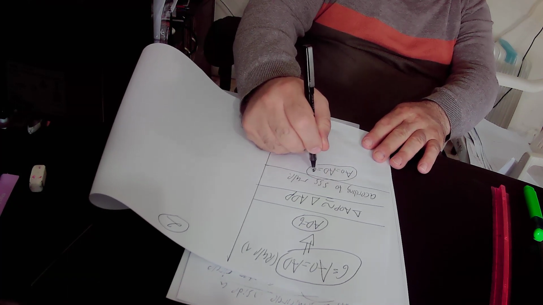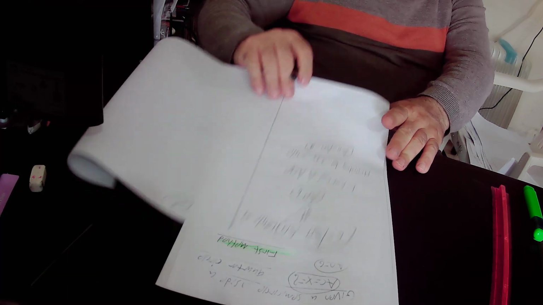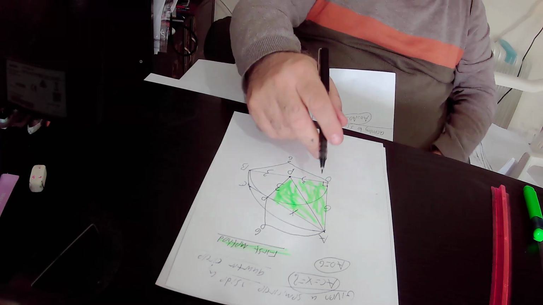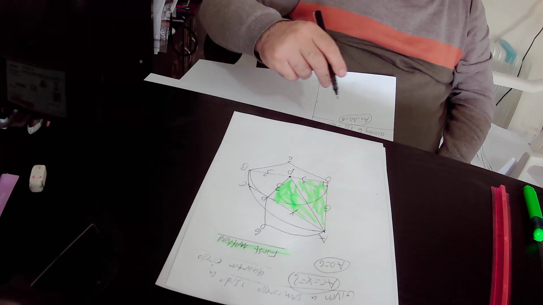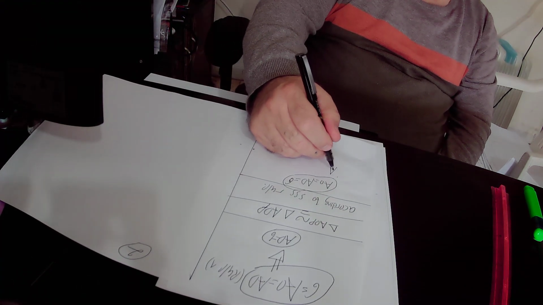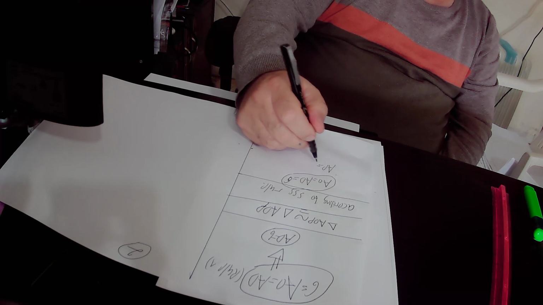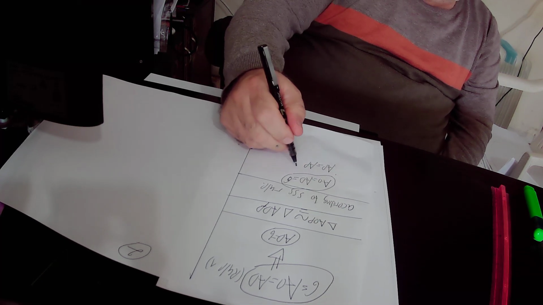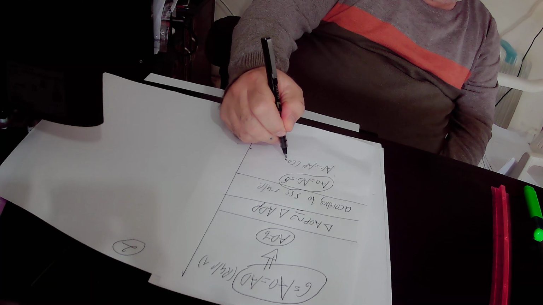In addition, AP is a common side, it belongs to both triangles, so AP equals AP because it is a common side.